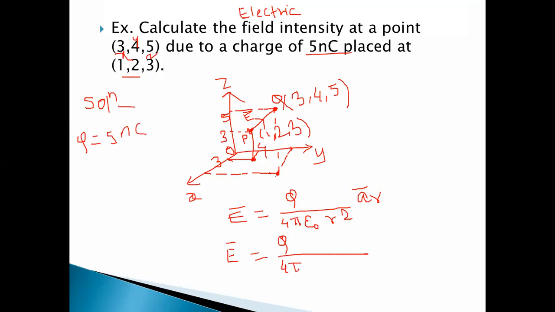Now tell me the suffix for this R. From which point to which point are we going? P to Q, right? So it is R PQ square, and here we can write a bar PQ.